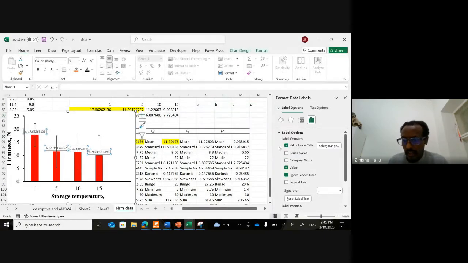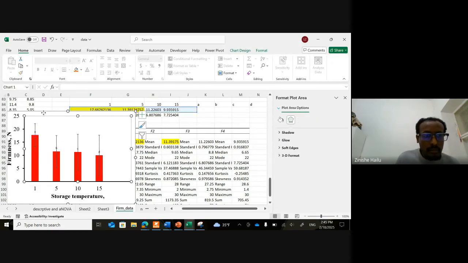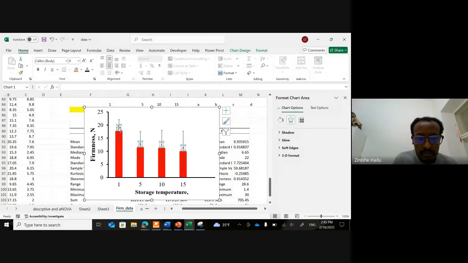Okay, then I will remove these values and show leader lines. So here we can drag to the upside. We can drag to this.